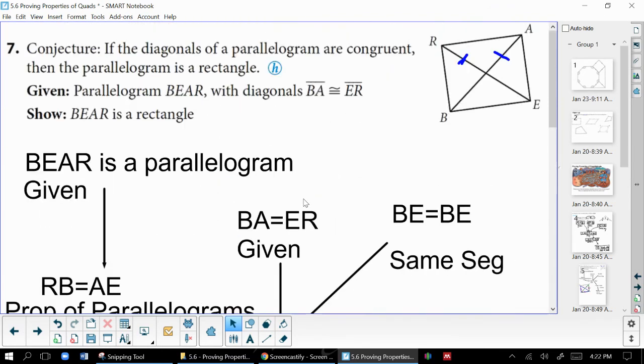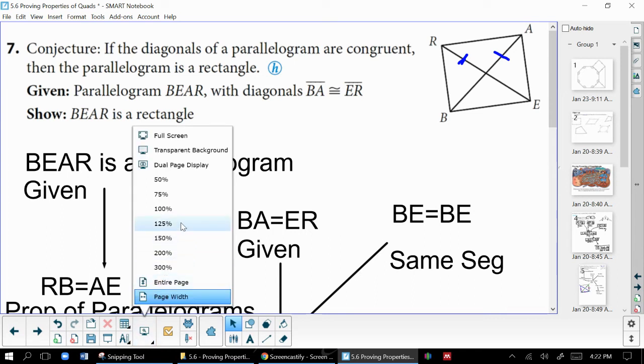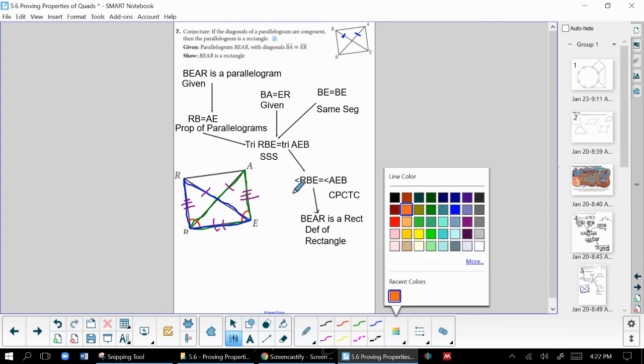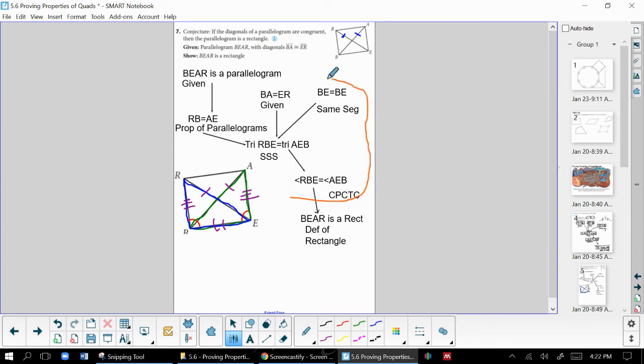So on this page, what you're seeing here is the basic part of this proof is the same as everything we've been doing. If I look at this part right here, that could have very easily been a proof that we talked about in chapter 4, except for the fact that I would have had to give you this as one of the givens instead of this.